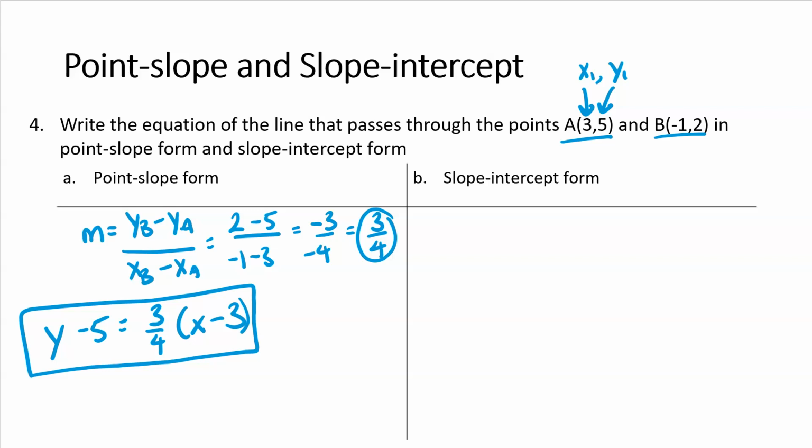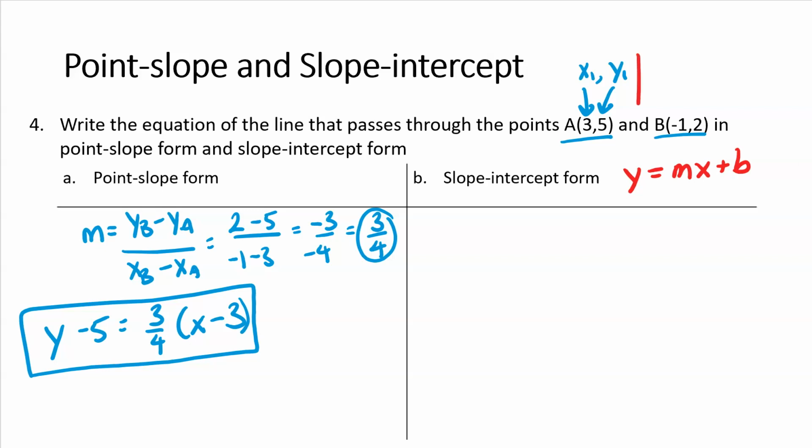We can take that form of equation and convert it into slope-intercept form. So let's remind ourselves what slope-intercept form looks like. Slope-intercept form is y equals mx plus b, where b is the y-intercept and m is the slope. Now, a couple of things stand out to me about this form.